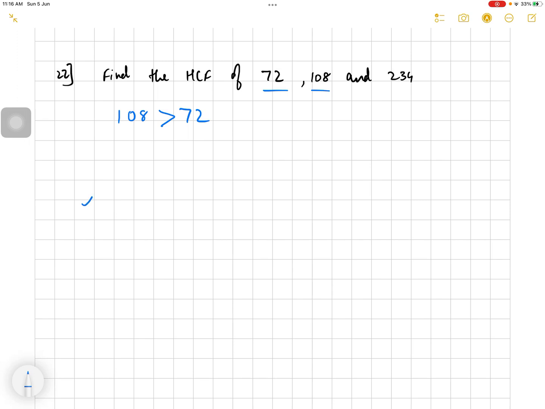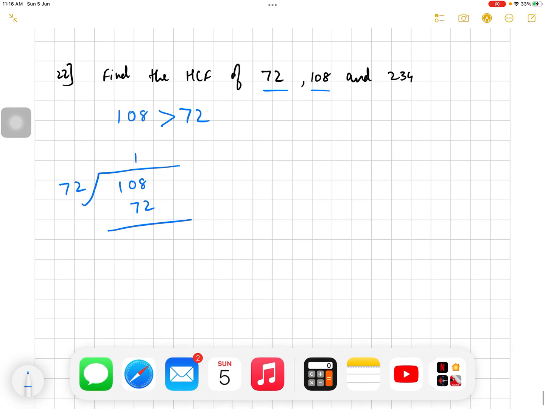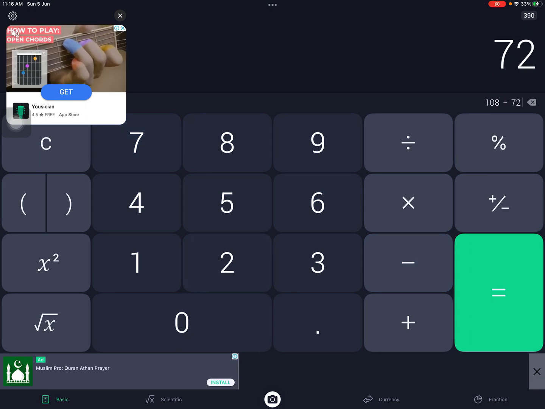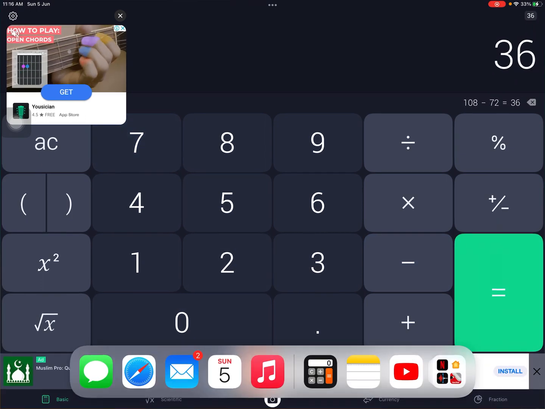So 108 is the dividend, 72 is the divisor. 72 ones are 72. The remainder comes to 108 minus 72, 36.